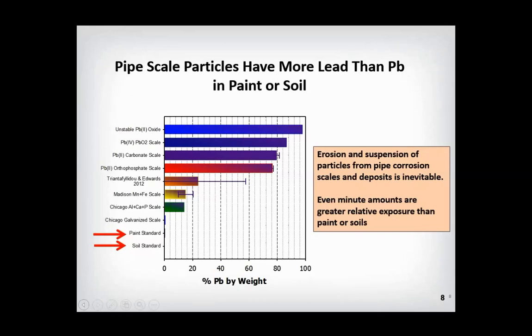So even if you have a perfectly treated system with orthophosphate, you've got 75% lead in any little particle that flakes off of that coating. And with the carbonate scales or the lead hydroxide scales, you're looking at 80% or more lead. So controlling the particulates is very critical as well.